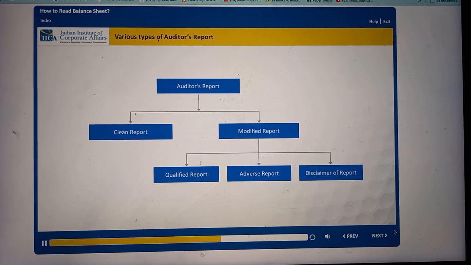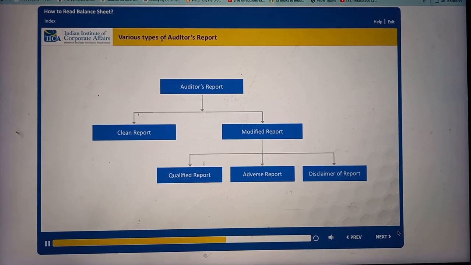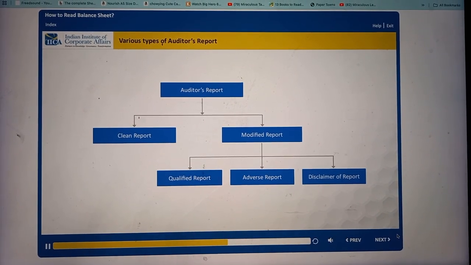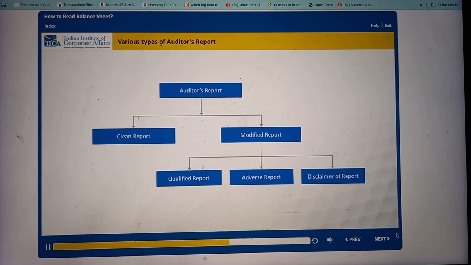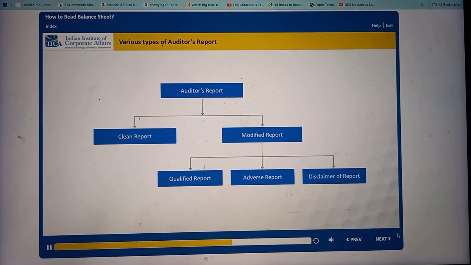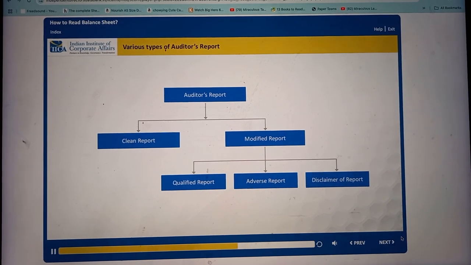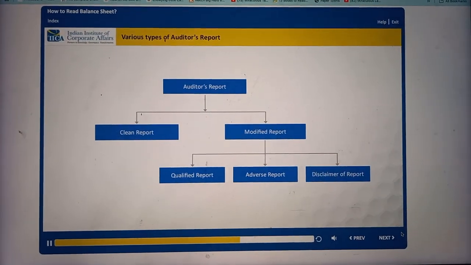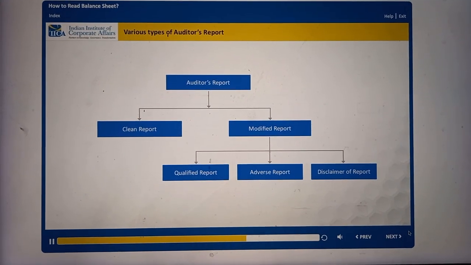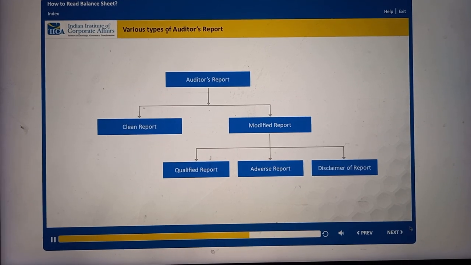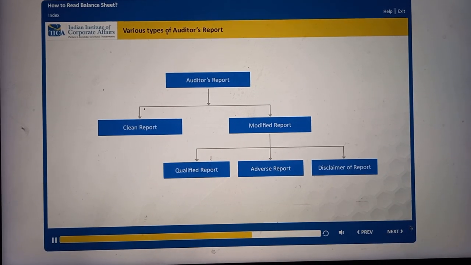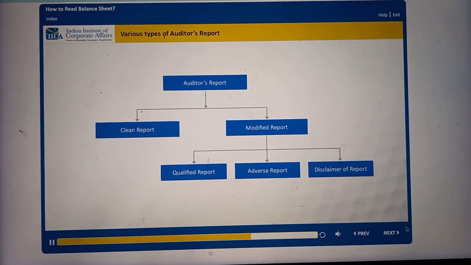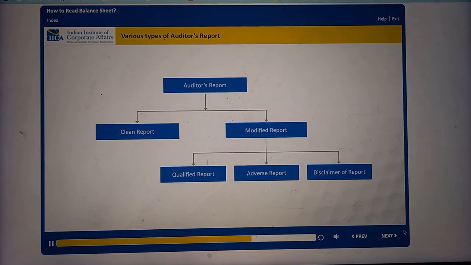For example, let us say a company has various branches across India, and out of various branches, proper books of accounts have not been kept at the Mumbai branch of the company. Therefore the auditor may state that so far as operations of Mumbai are concerned, the sales, purchases and various expenditures relating to the Mumbai branch are not properly audited in the absence of documentary evidence.